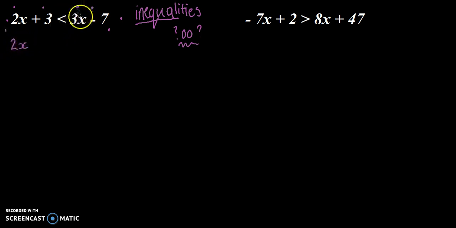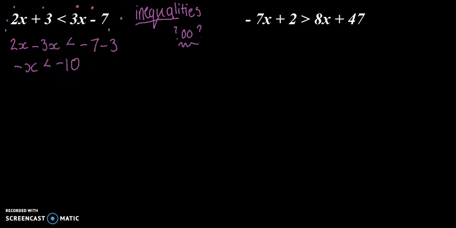So 3x is over there, I want it to be over there, so I'm going to subtract 3x. But then 3 is over here, and I want it to be over there. So it's going to be minus 7 minus 3. And let's simplify that to minus x is less than minus 10.